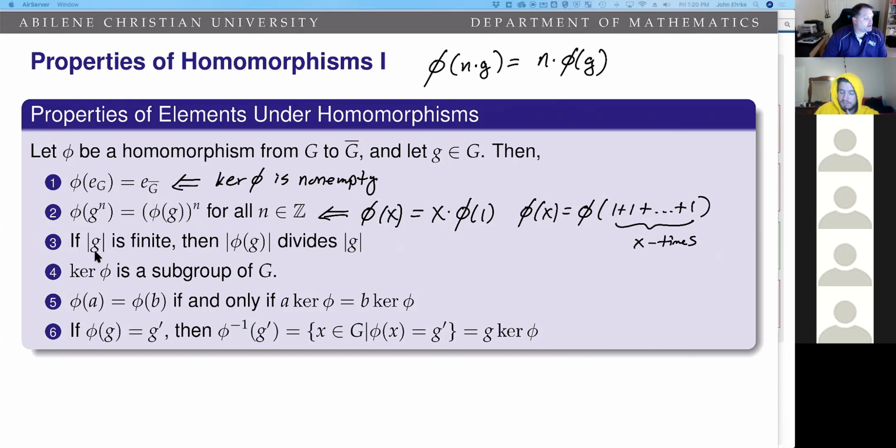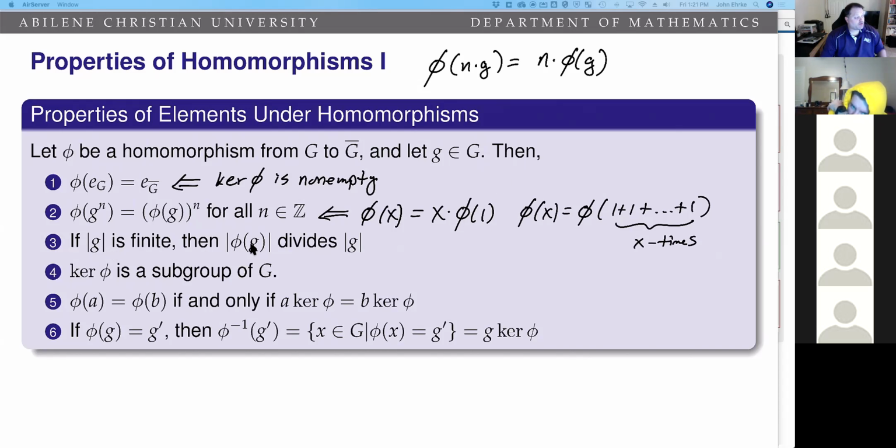All right, if the order of an element is finite, then so is its image. And its image order will divide the order of the thing that it got sent from. So, you know, if you have an element of order 12, then its image order will divide 12. It'll get sent to an element whose order divides 12.